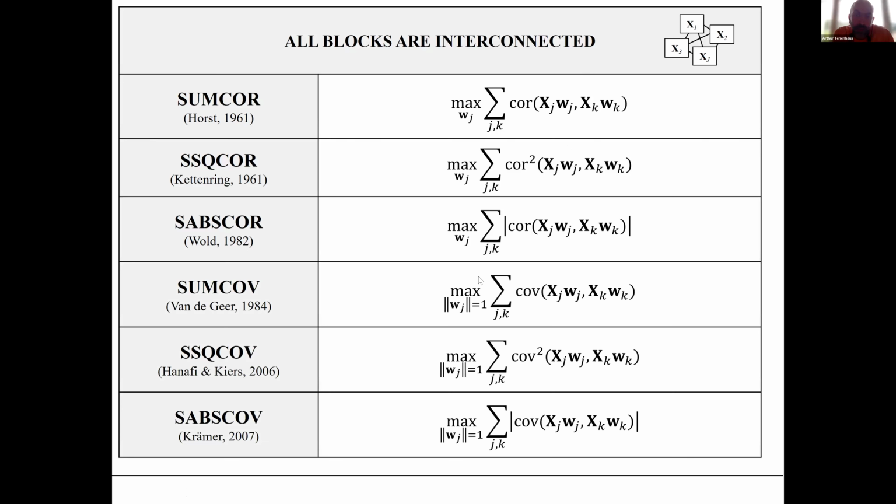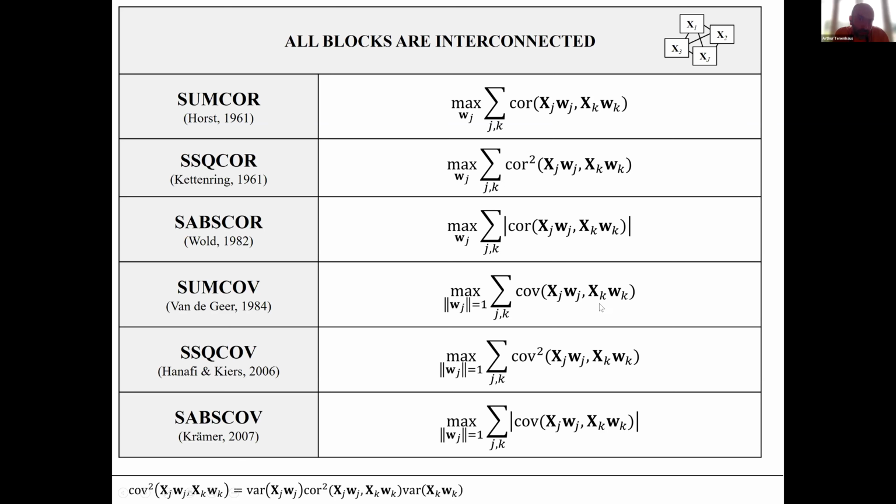So you can consider an alternative criterion. Instead of maximizing the correlation, you can try to maximize the covariance, and I think the covariance is a good criterion because the square of the covariance is equal to the variance of the block component of block J, times the square of the correlation between the components of block J and block K, times the variance of the component of block K. So it's a compromise.